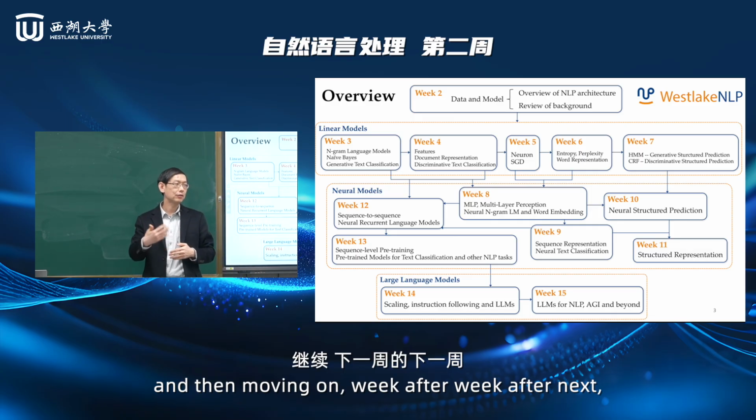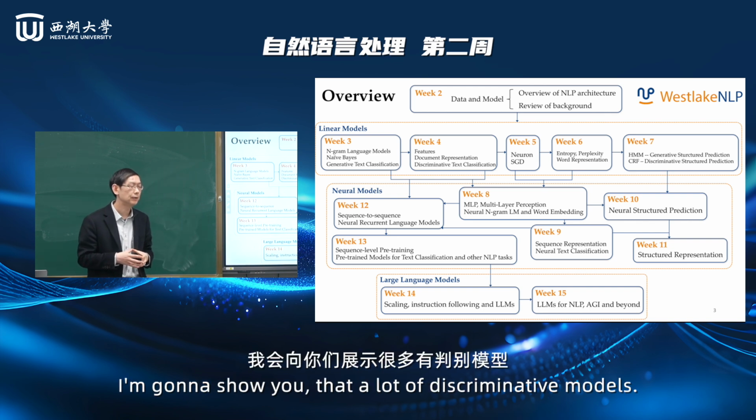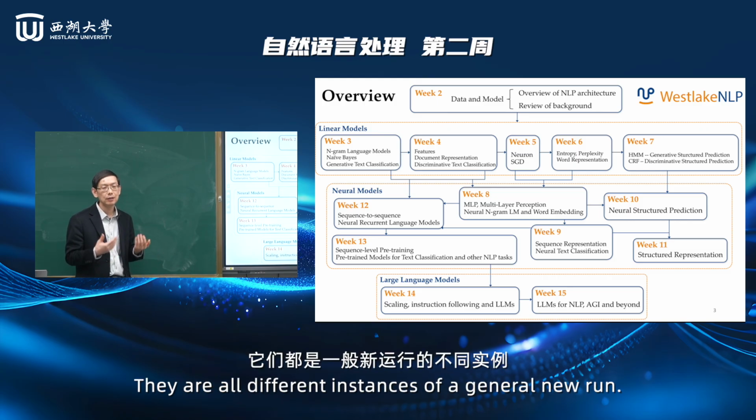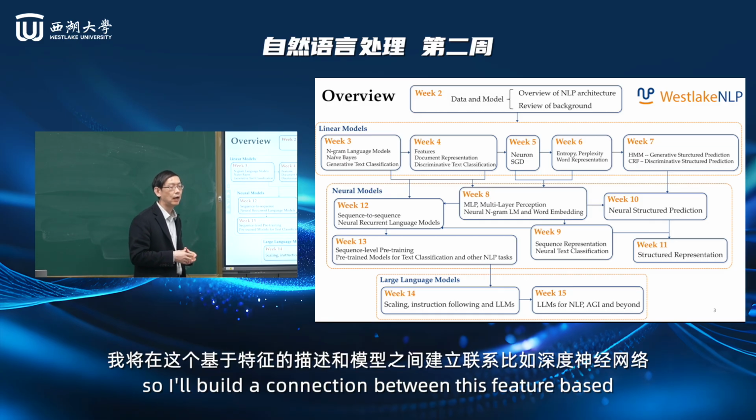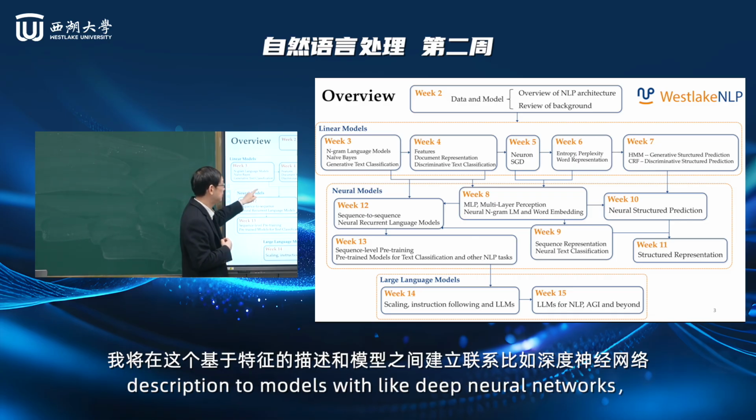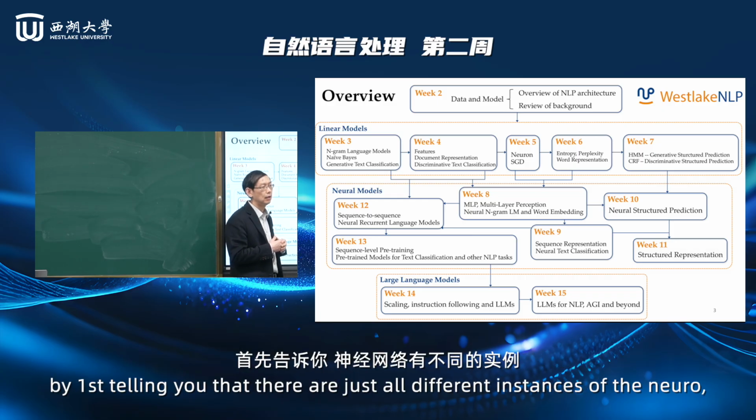And then moving on, the week after next, I'm going to show you that a lot of discriminative models are all different instances of a general neuron. So I'll build a connection between these feature-based discriminative models and deep neural networks by first telling you that they are just all different instances of the neuron.